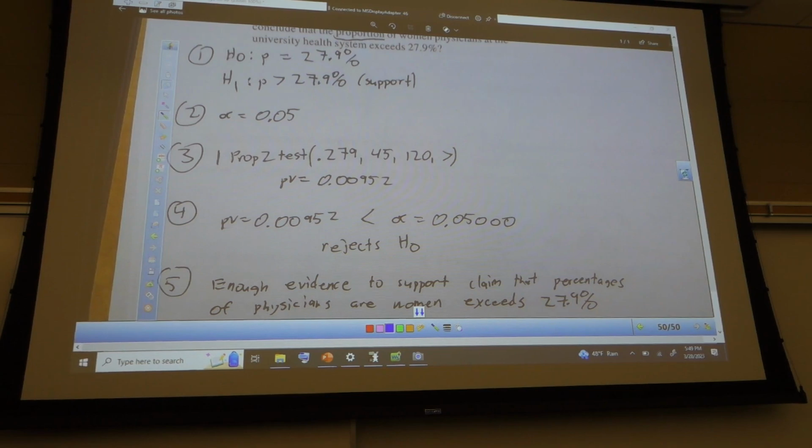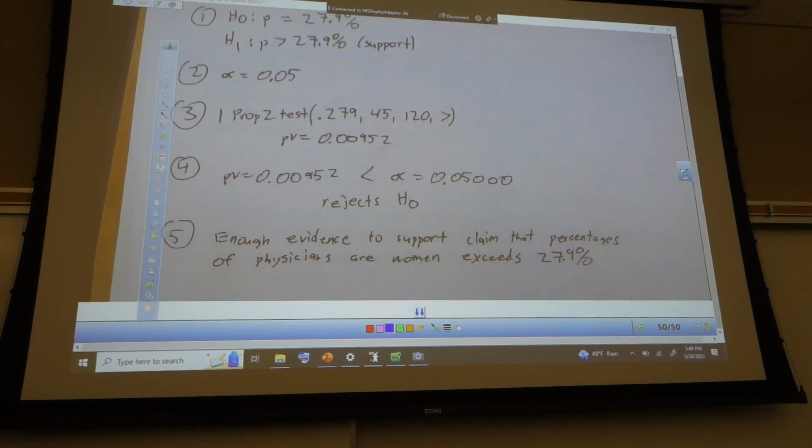Terrific. And then what do you use in step 3? I converted the percentage into a decimal, so this would be 0.279. And the 45 is the X, and then 120 is the N. Great.